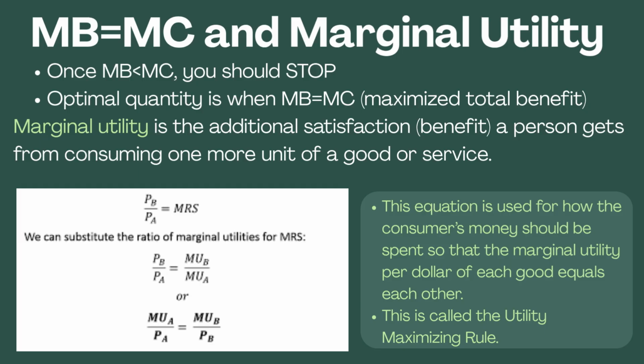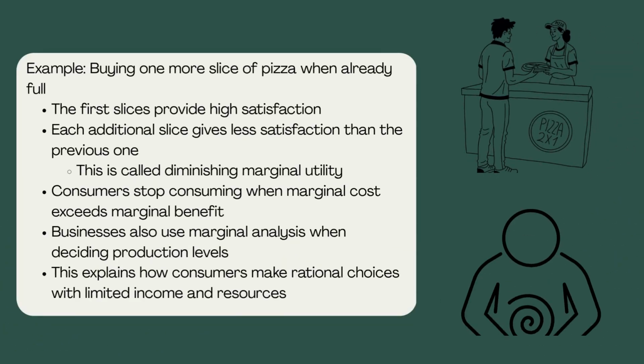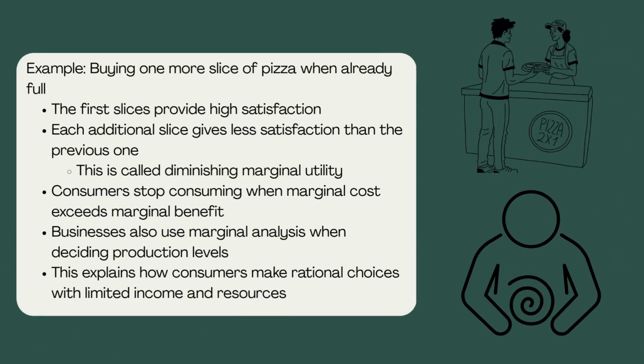The equation on the left shows how the consumer's money should be spent so that the marginal utility per dollar of each good equals each other. This is called the utility maximizing rule. For example, buying one more slice of pizza when already full. The first slices provide the highest satisfaction.